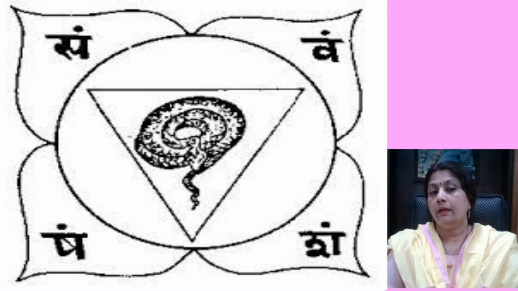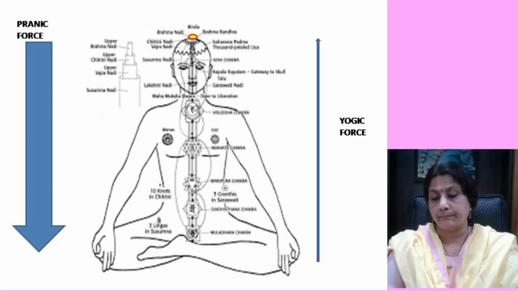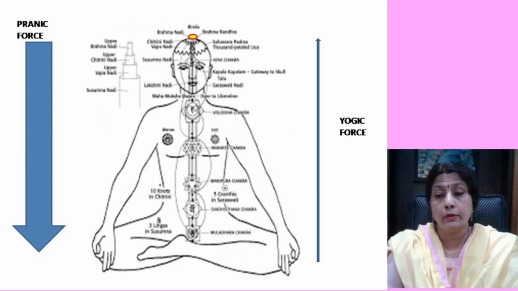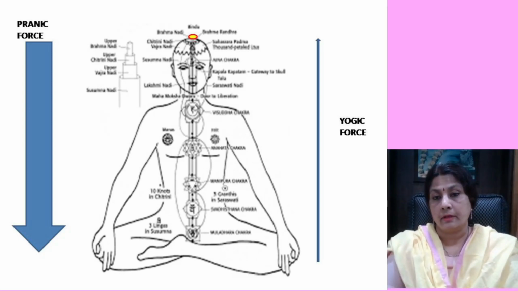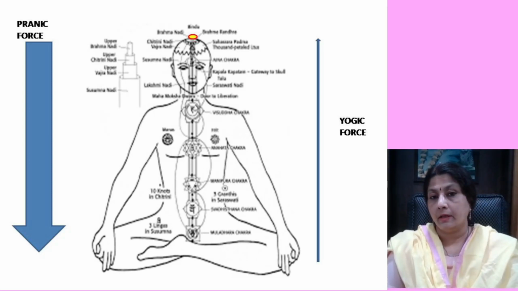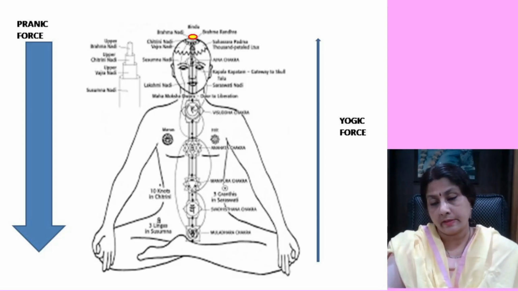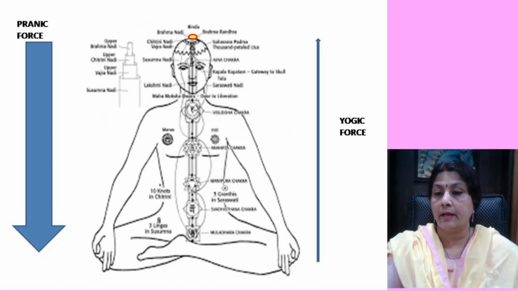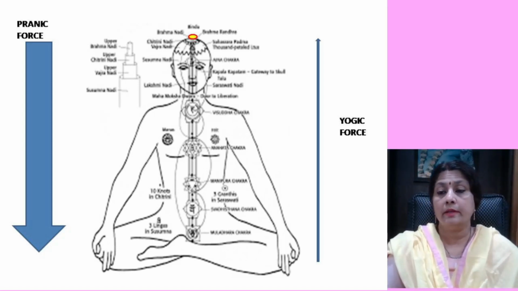So here you can see that there is a lot of pranic force that is descending downwards. But there is another force called the yogic force. Yoga simply means union with God. This is the return journey upwards. So when the human body is formed, it is designed in such a way that the pranic force descends from the higher realms to the lower realms, creating many different worlds, many different dimensions, many different creatures, many different material objects.